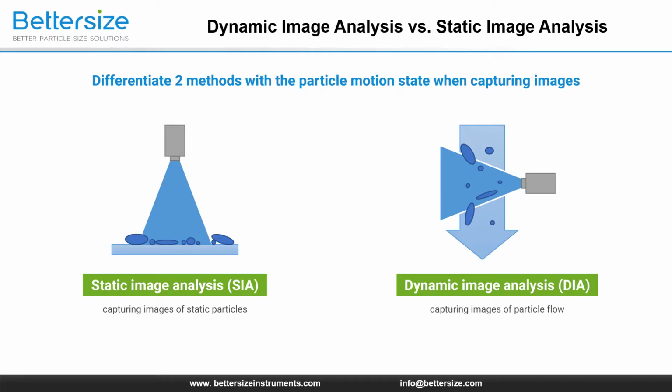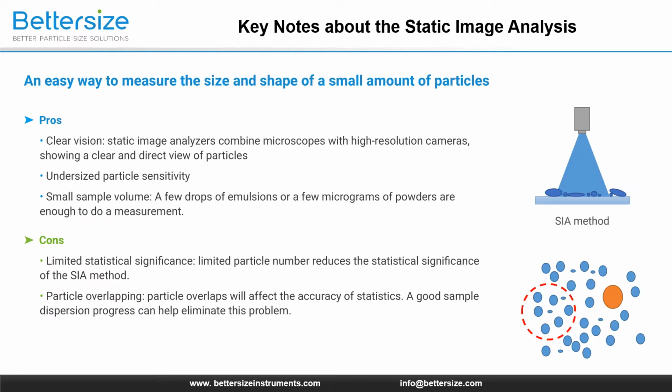Now, we have two different image analysis methods. What are their features? How could we benefit from these methods? Okay, let us dive into the SIA method first. The static image analyzers combine a precise microscope with a high resolution camera.